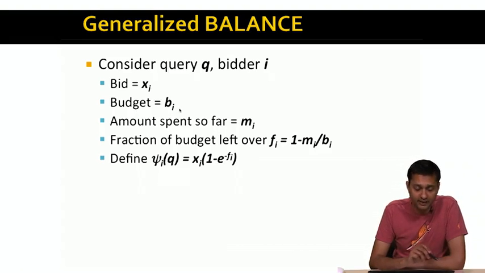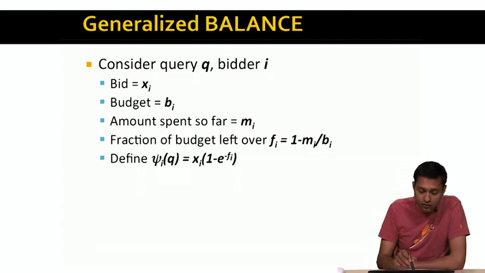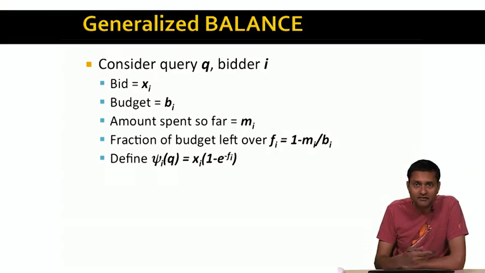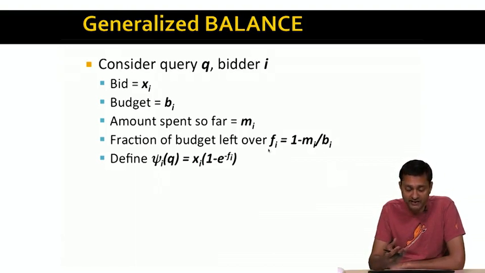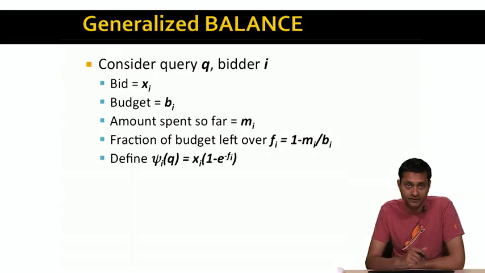Let's say the amount spent so far by the advertiser is Mi. Now the fraction of the advertiser's budget left over, which we'll call Fi, is 1 minus Mi over Bi. Remember, Mi is the amount that's been spent so far by the advertiser, Bi is advertiser I's total budget, and therefore 1 minus Mi over Bi, given by Fi, is the fraction of advertiser I's budget that's left over to be spent.